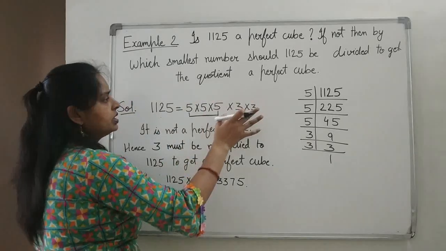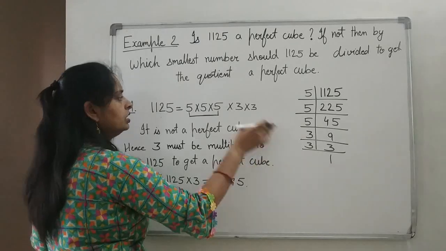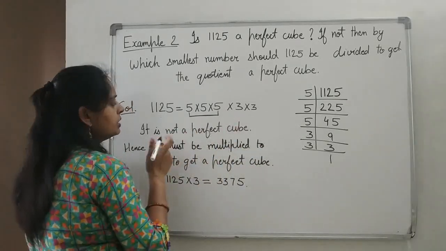In place of multiply, suppose you are getting divided. Okay, the same number is there, but I have changed it. So we will again do the prime factorization, and we will see by which number this should be divided.